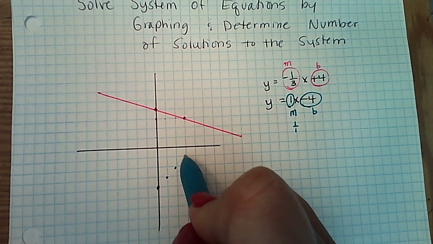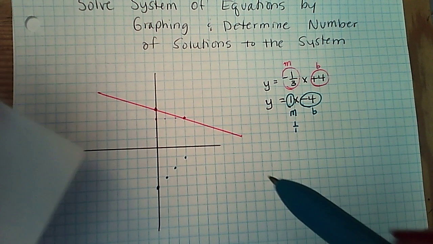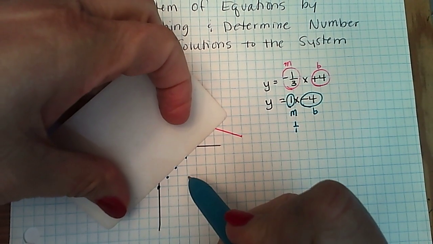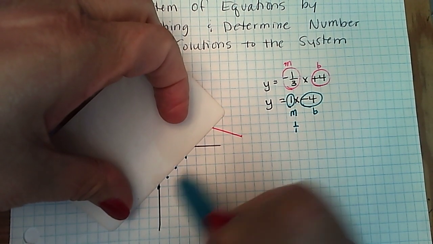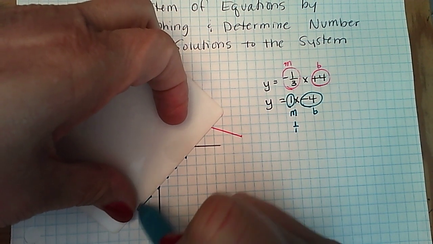I'm going to do it a couple times. Then again, you can only do it twice on Delta Math. It's going to ask for 2 points. You're going to plot the b and then plot where the slope lands. I'm going to line it up nice and straight. Oops, I didn't do that straight, sorry.